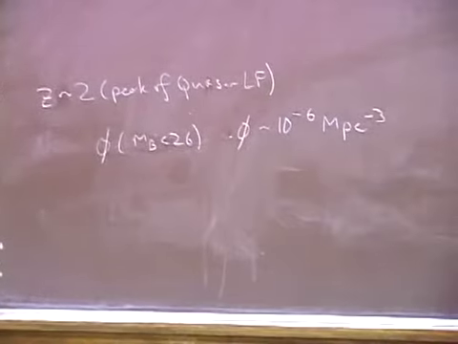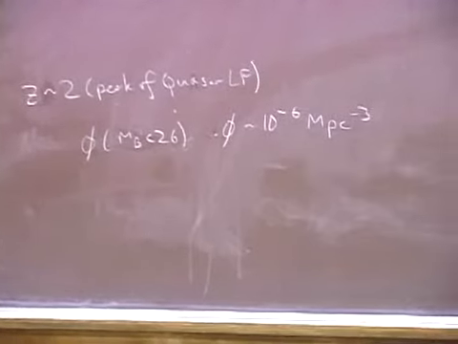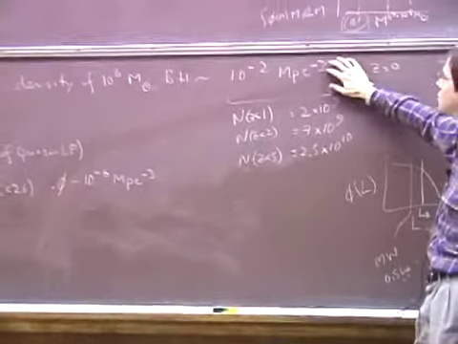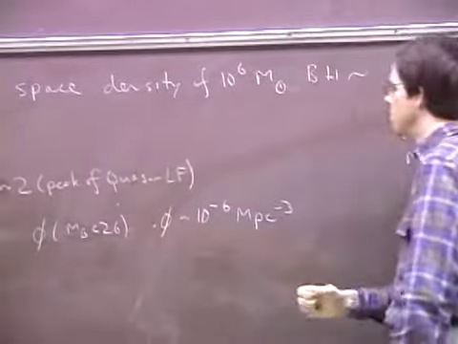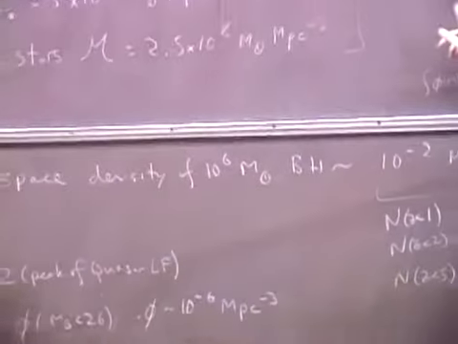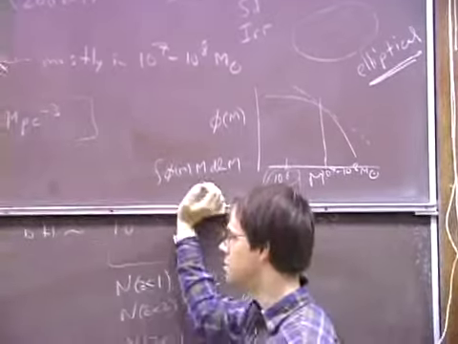So that's, depending on how you do the calculation, 2 × 10⁻⁴ of the 10⁶ solar mass black holes, but these are bright enough that they probably need bigger black holes, so it may be something like 1 in 100 or 1 in 1,000 of these 10⁷ or 10⁸ solar mass black holes.